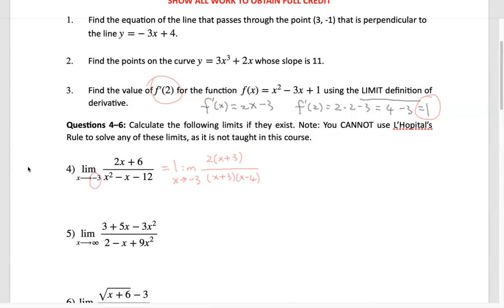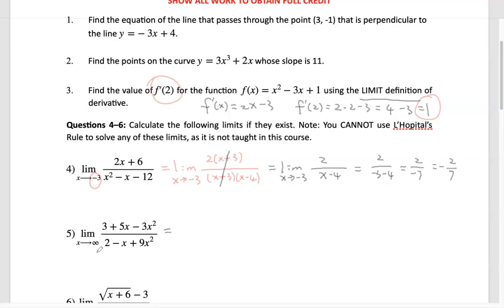Then we see common factors in the numerator and the denominator, x plus 3, and they cancel each other. So the limit as x approaches negative 3 of 2 over x minus 4. Now we have no problem plugging in negative 3 for x. So we get 2 over negative 7. So that's negative 2 over 7.